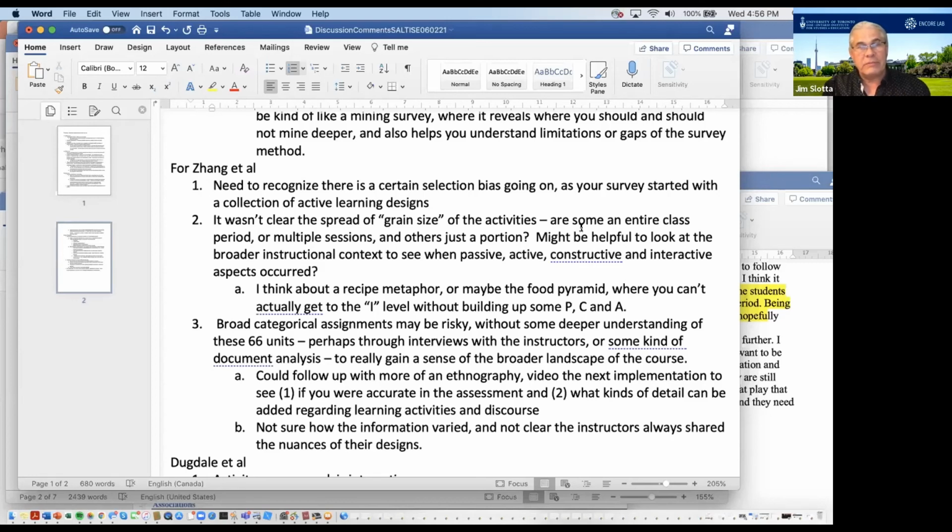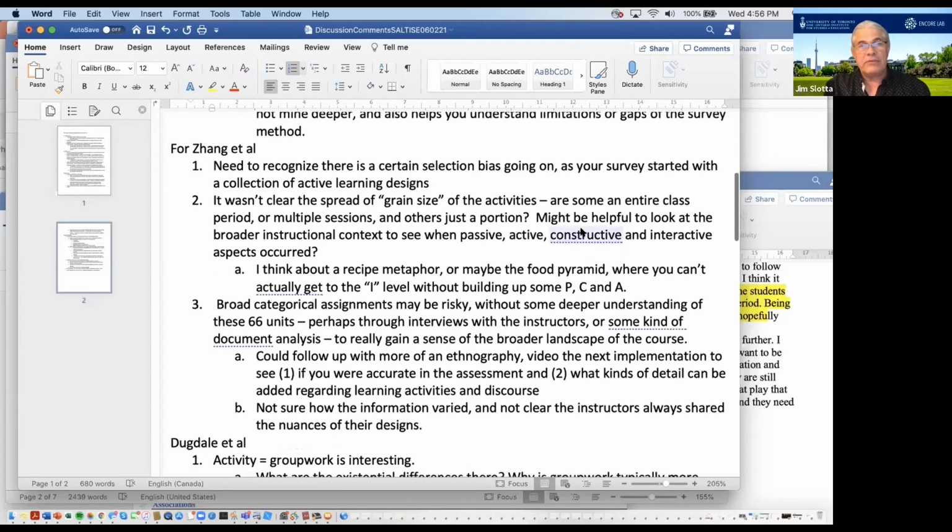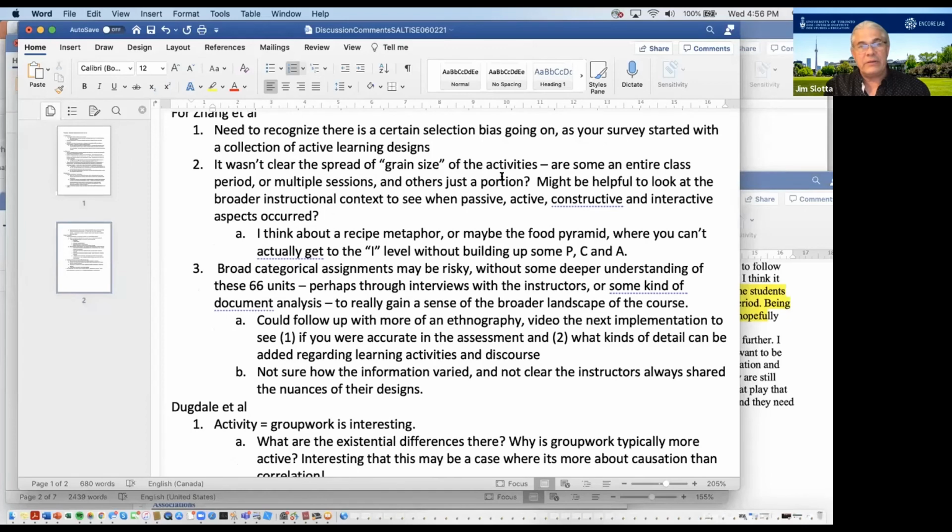One thing that wasn't immediately clear, I apologize if it was clarified in your talk, was that I think these activities varied in their grain size. I'm not sure what that scope was. Were some of them partial periods and some of them whole periods and some of them multiple class periods? And that might account for the difference in how they were coded.